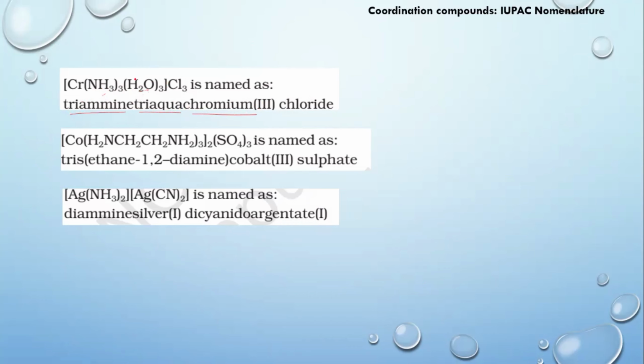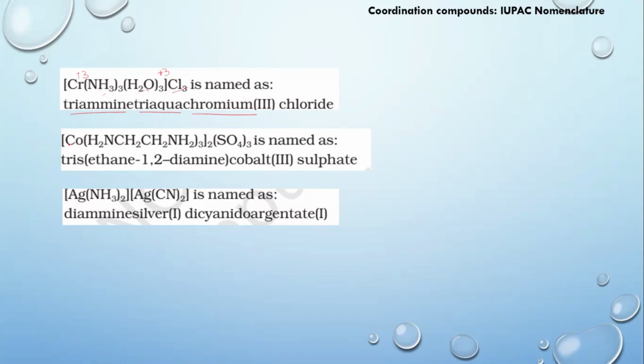This is a neutral molecule, and the charge on the complex part is +3 because that is balanced by the 3 Cl minus ions. So chromium has a +3 oxidation state. After chromium we open the parenthesis and write Roman numeral 3. After that, we write chloride for the counter ions.